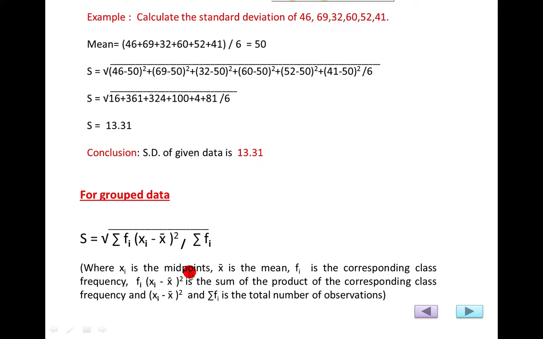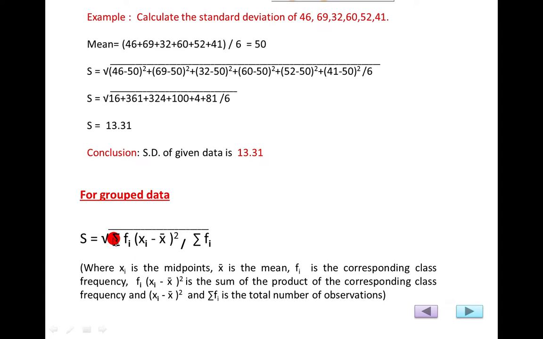In this, xi is the midpoint, x bar is the mean, fi is the corresponding class frequency, same as the mean. Fi into xi minus x bar whole square is the sum of the product of the corresponding class frequencies.